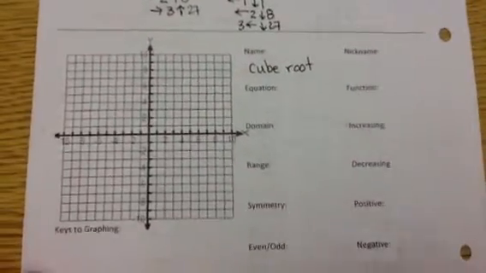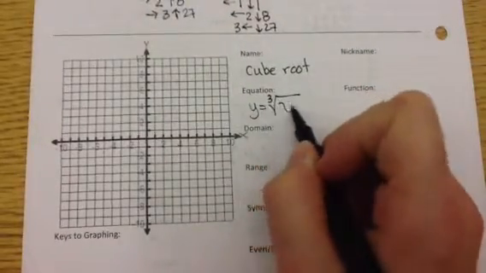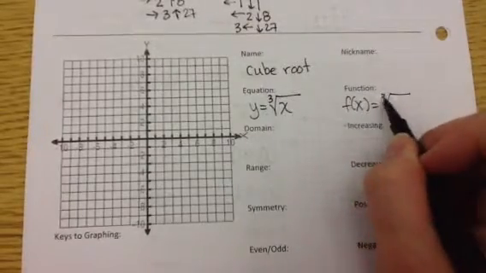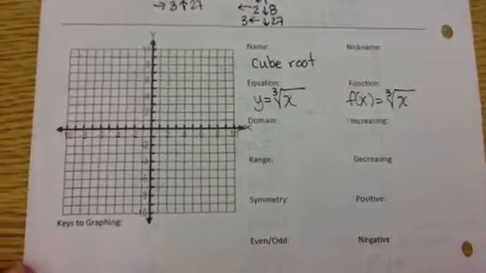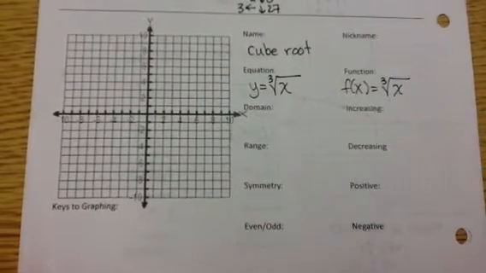Our next function will be the cube root function, which is y equals the cube root of x, or f of x equals the cube root of x. Now, taking the cube root of something is like the opposite or undoing the cube function.